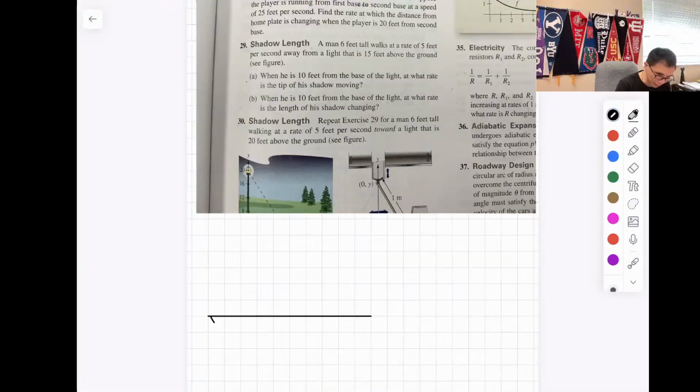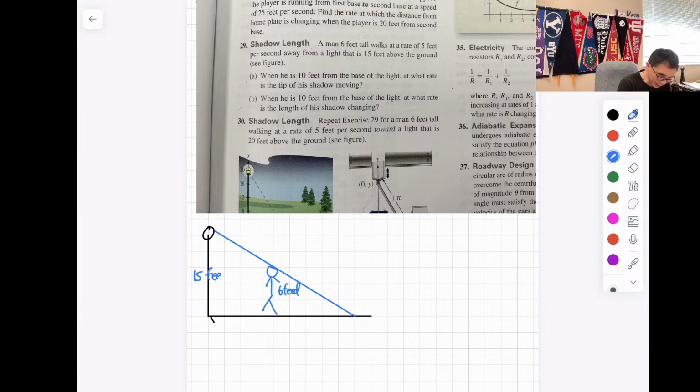So what I meant, good picture, because that's half the problem, believe it or not. Right, how fast. So this man is blue, and he's casting a shadow, right? So this is 15 feet, this is 6 feet, and this is 15 feet.